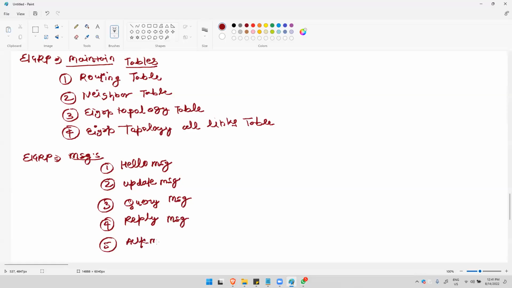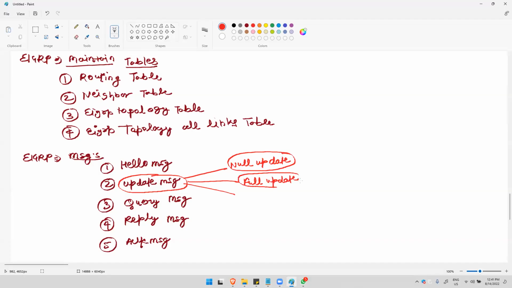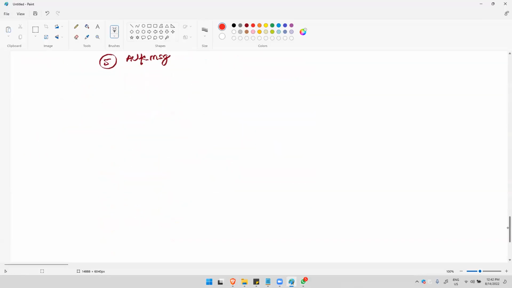Fifth message name is acknowledge. Okay. Hello, update, query, reply. Inside the update message, we are getting 3 types. Which update? Null update, full update, then partial update. Clear? Now next point.